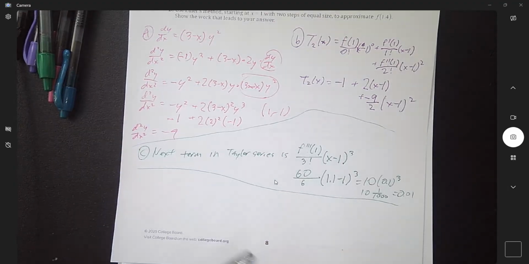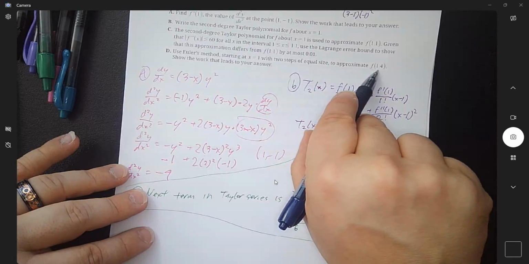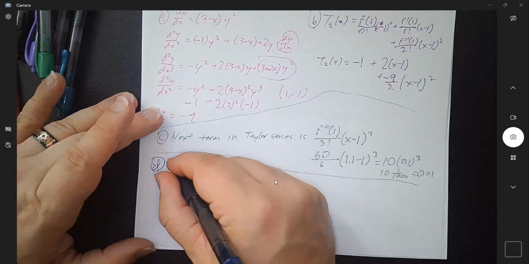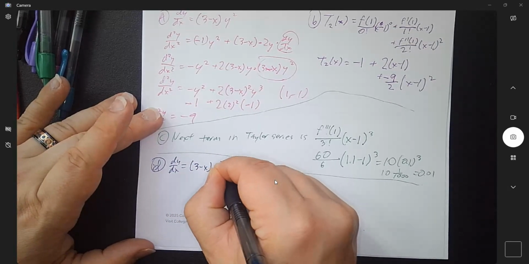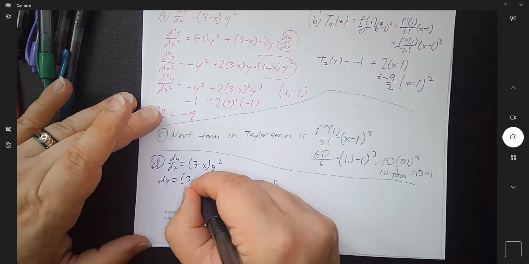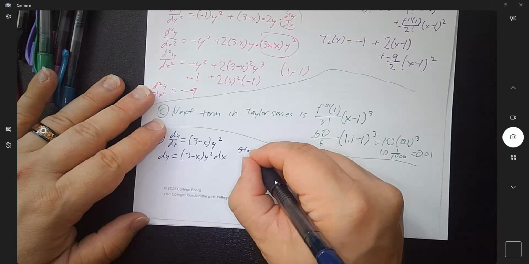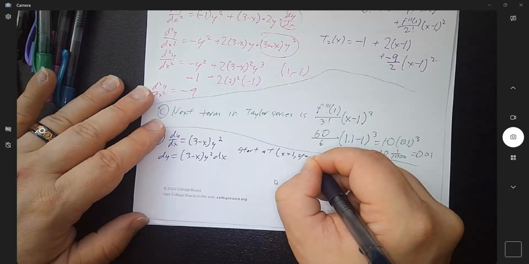Using Euler's method, starting at x equals 1 with 2 steps of equal size, approximate f at 1.4, show the work that leads to your answer. Let's go back and remember dy/dx is 3 minus x y squared, so dy is 3 minus x y squared dx, and we start at x equals 1, y equals negative 1.